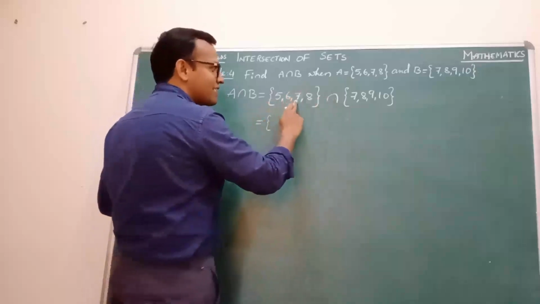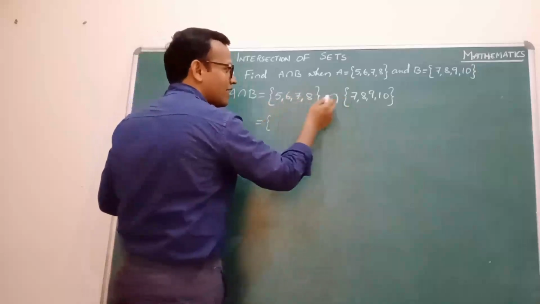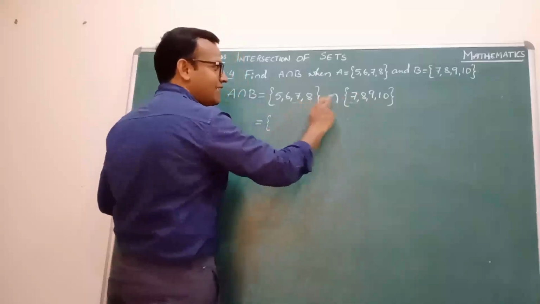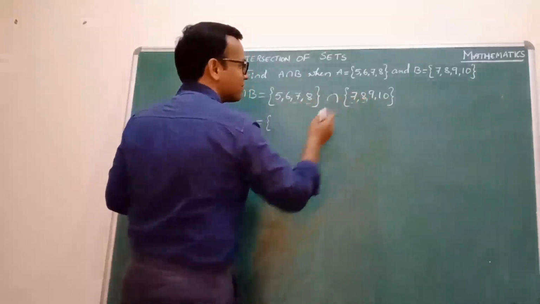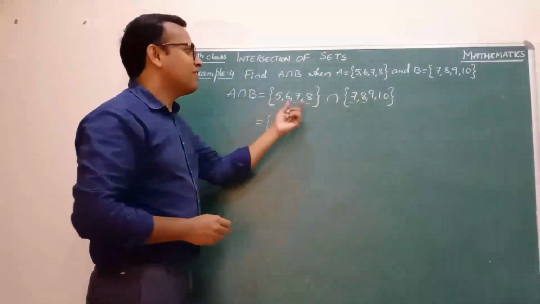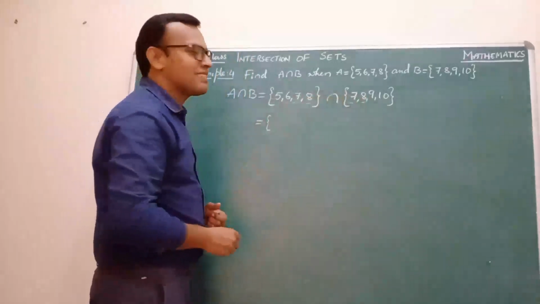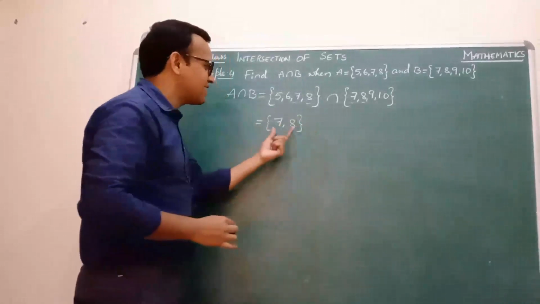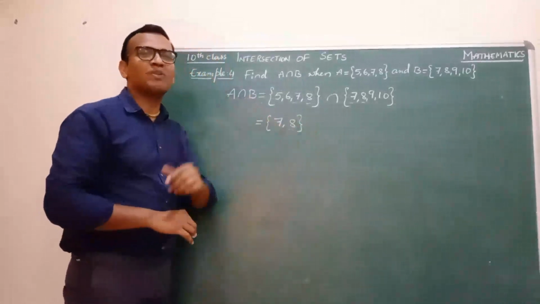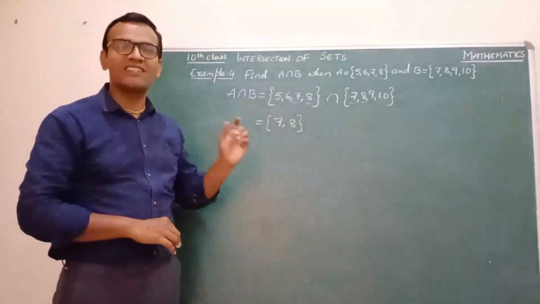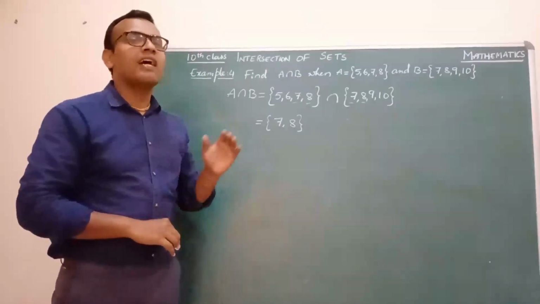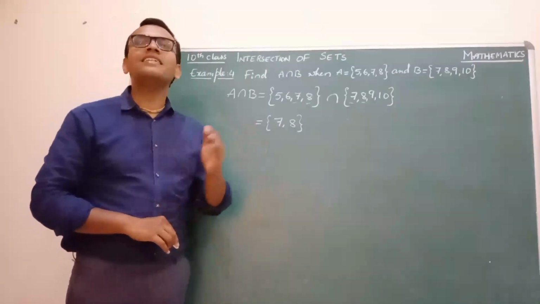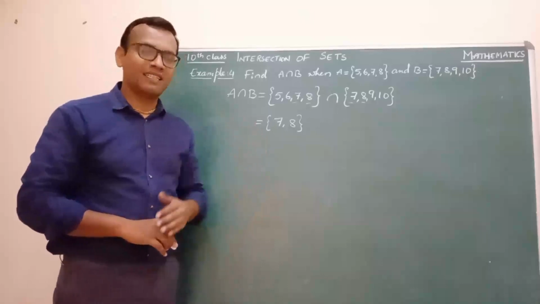Now see here, 7 is the common element and 8 is the common element. So now these 7 and 8 are the common elements. So let me write that: 7 and 8. Now this is A intersection B, the set of 7 and 8, the set of common elements. Let us represent the A intersection B in Venn diagrams.